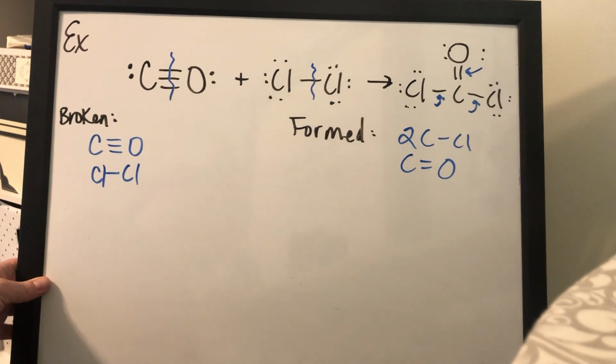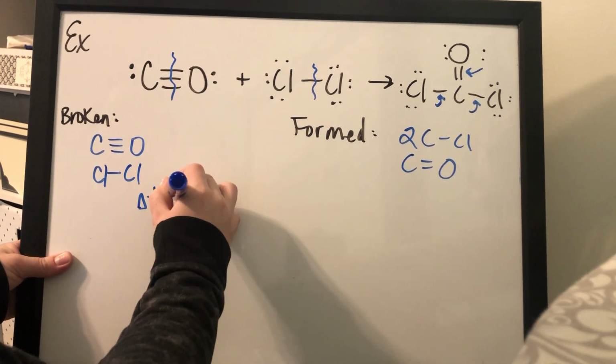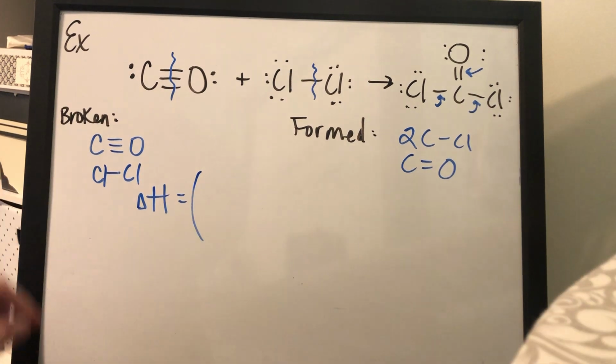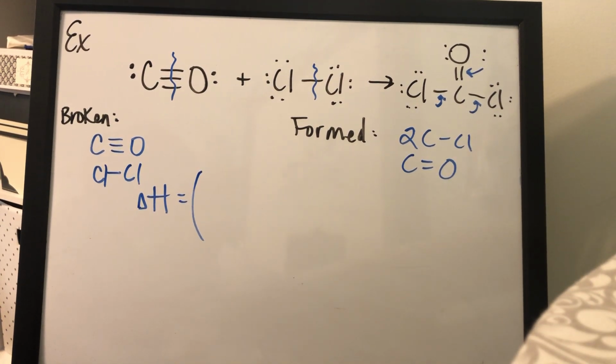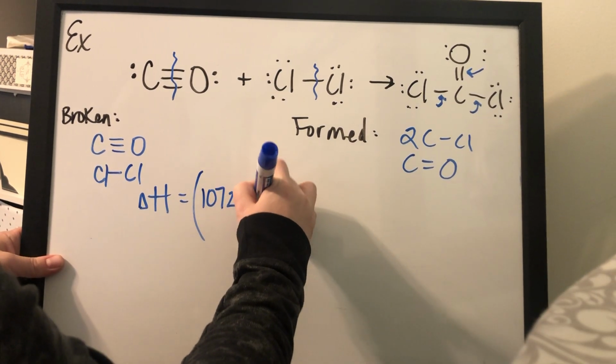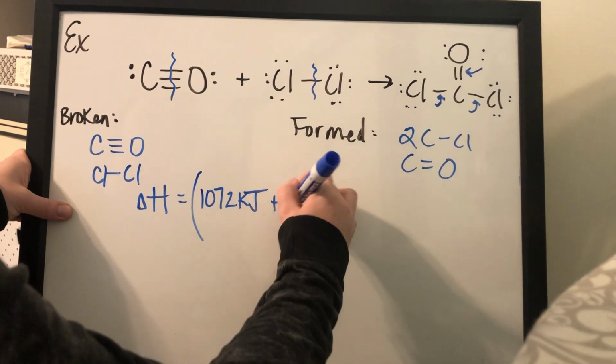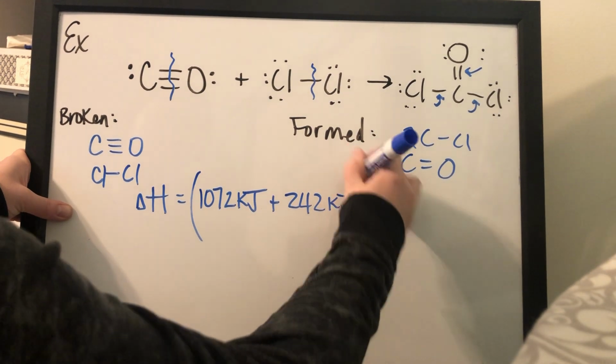Now all I do is look at my numbers and play my math game. So delta H, bonds broken. To break a carbon-oxygen triple bond is 1072 kilojoules. Added to break a chlorine-chlorine single bond is 242 kilojoules.